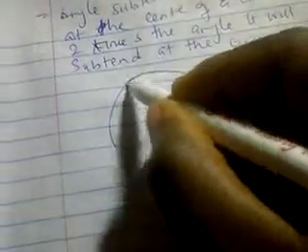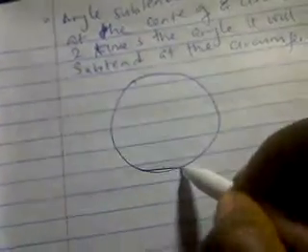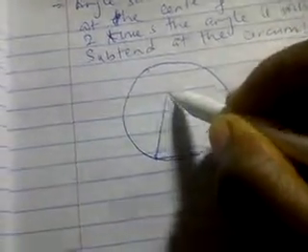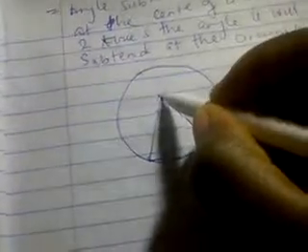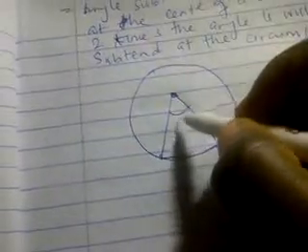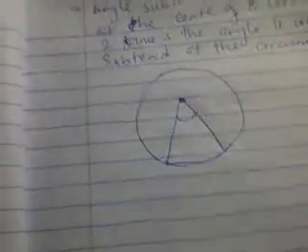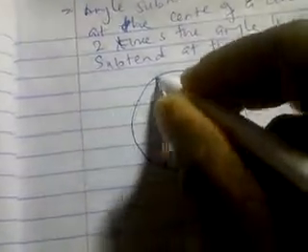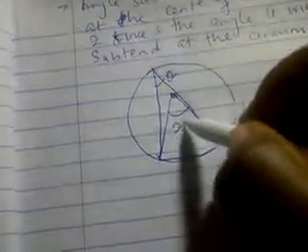For example, let's say this arc is subtending this angle at the center. Let's say this is the center. Now we're saying that if this same arc subtends an angle at the circumference, this angle will be theta, and this one will be 2 theta.